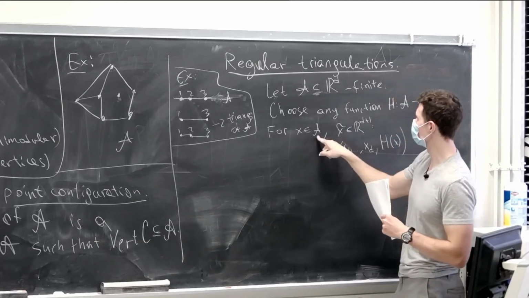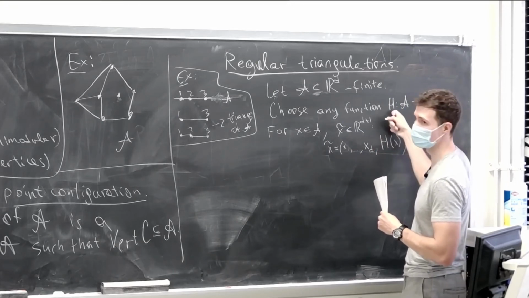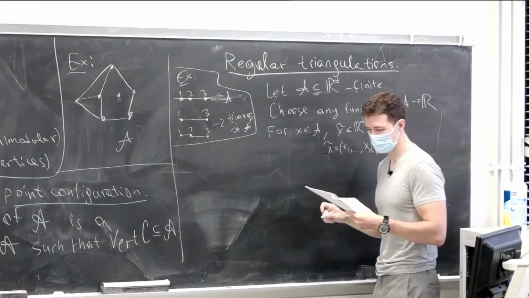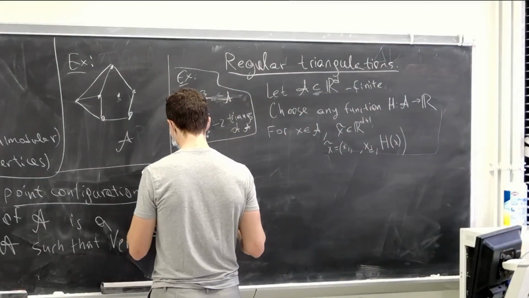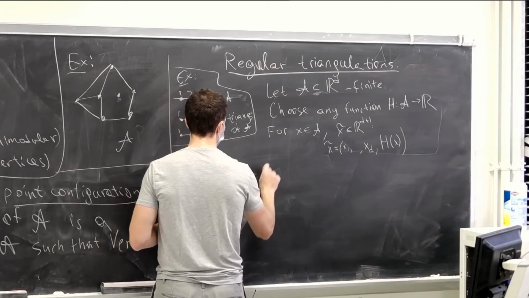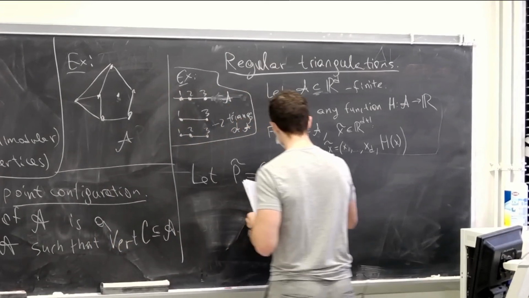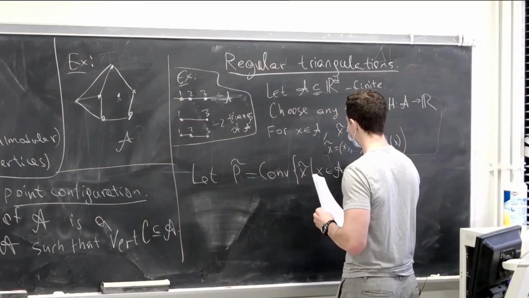So for each point in A, I want to lift it into the d plus 1 dimensional space using my function h. I'm going to draw a picture in a second, but for now, let p tilde be the convex hull of x tilde, where x runs over the points of A.